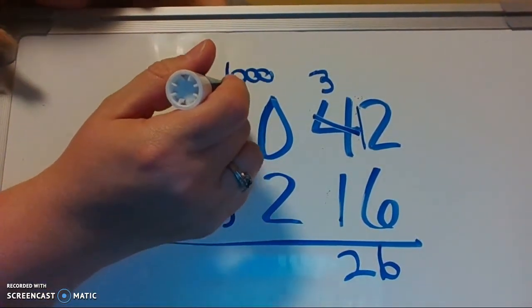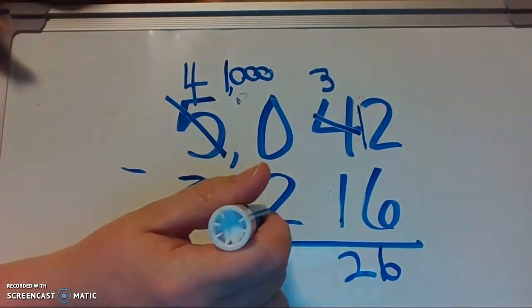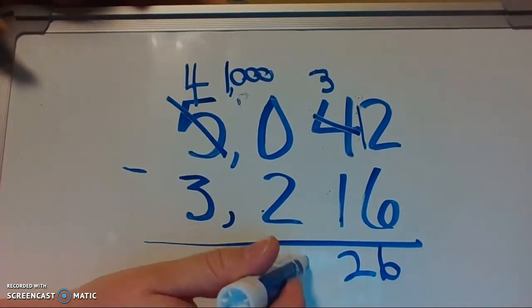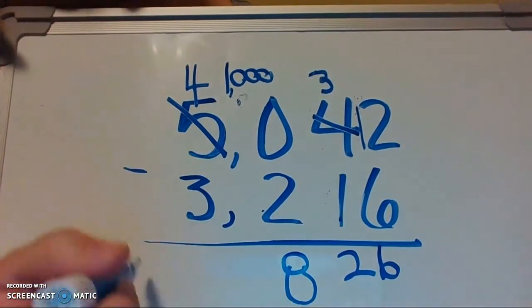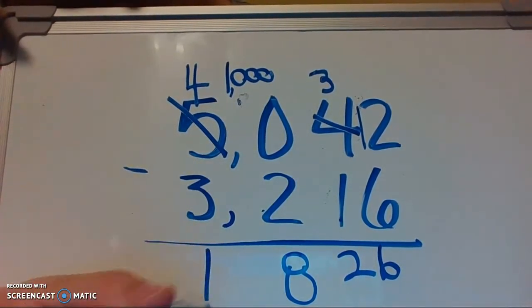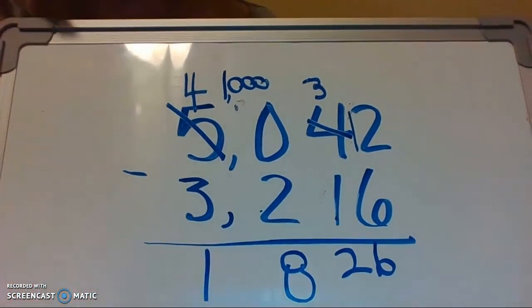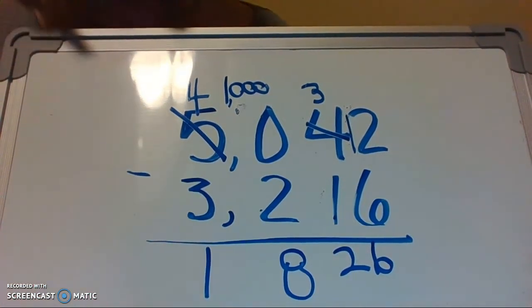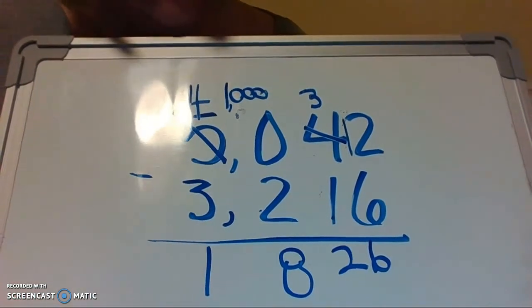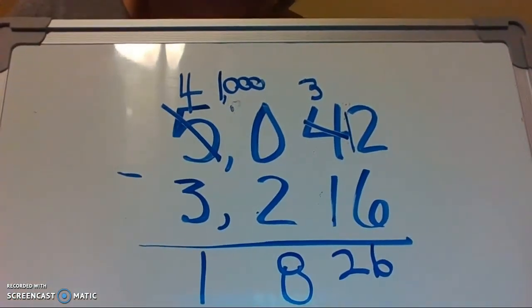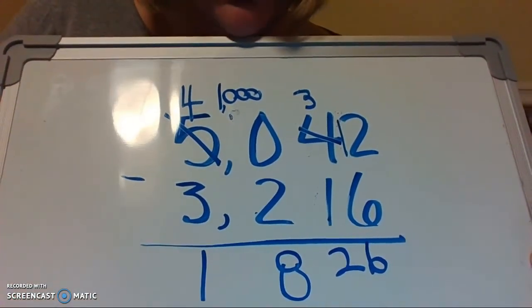So 1,000 minus 200, which equals 800. And 4,000 minus 3,000 is 1,000. So my answer is 1,826.